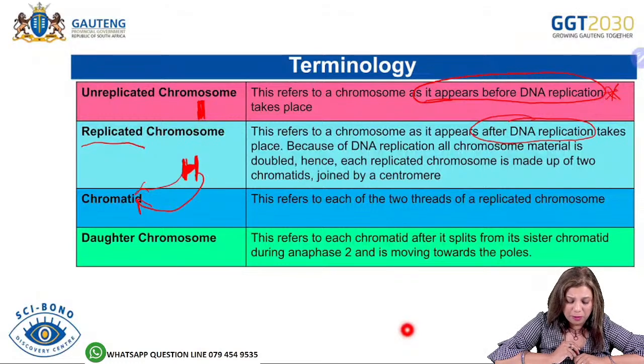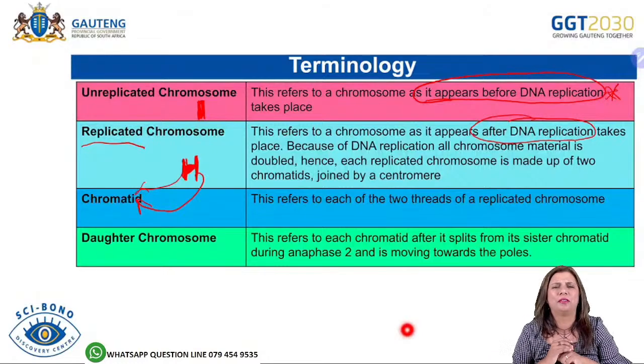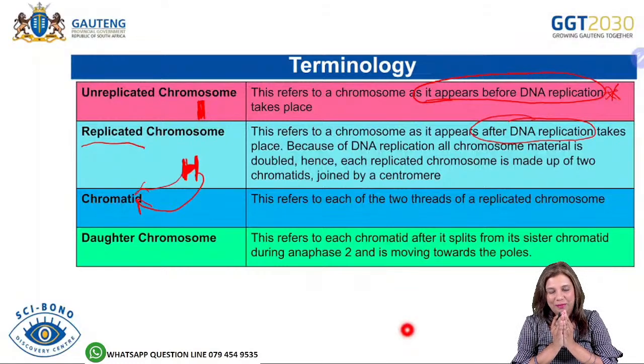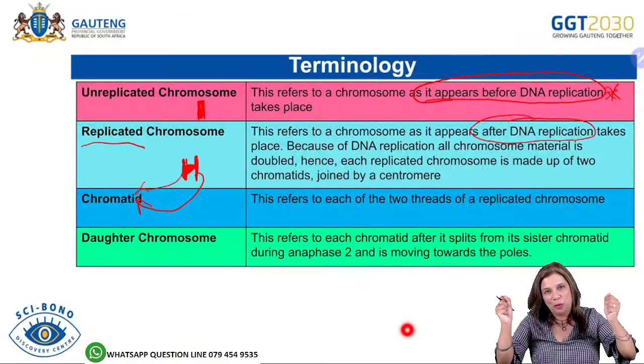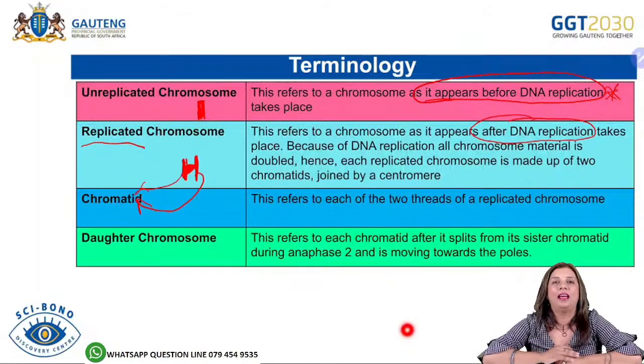Now the daughter chromosome is something that we've come across. You're probably wondering, what's this daughter chromosome? When you were in grade 10, you did anaphase. And anaphase, remember we said anaphase is a process where the spindle fibers shorten, and the spindle fibers contract, and they pull the chromatids apart to the separate ends, the separate poles of the cell.